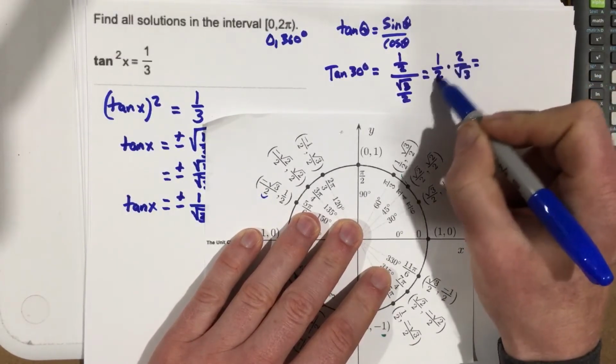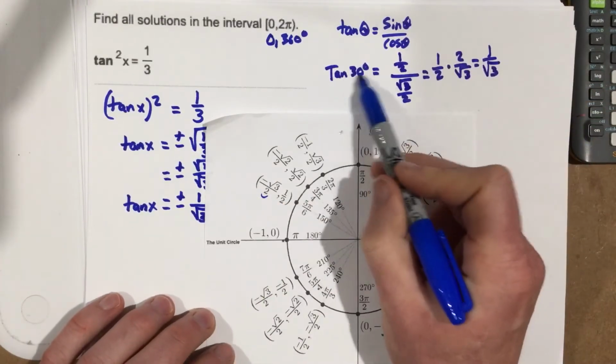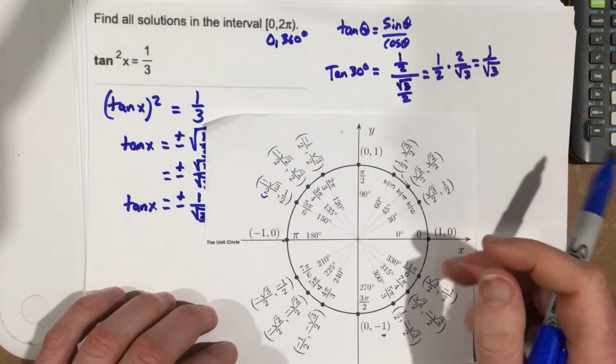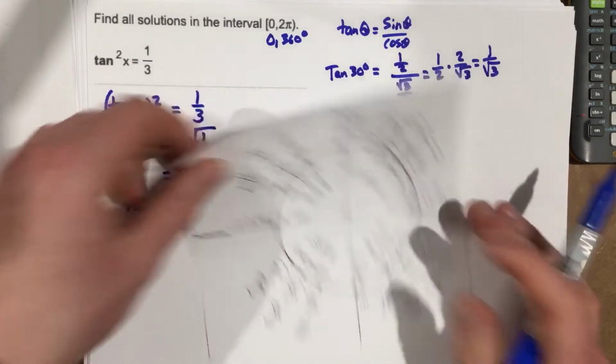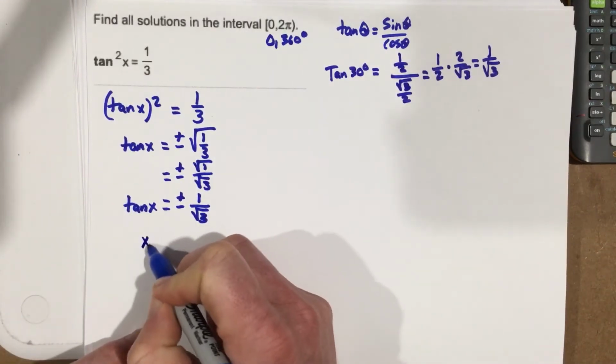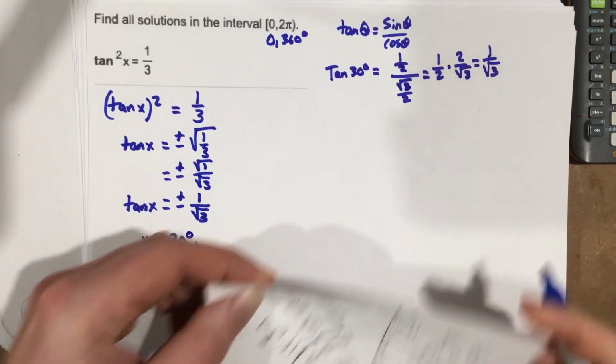And the 2's cross cancel, we get 1 over root 3. So 30 degrees is one of our answers. All right, so we know that 30 degrees is one answer. Down here, I'm going to go ahead and write that x equals 30 degrees as an answer.